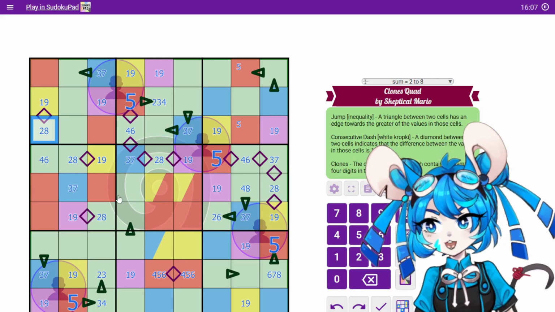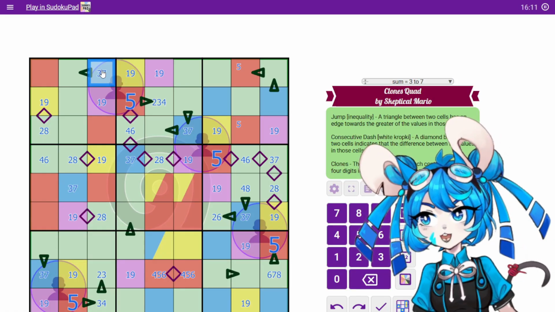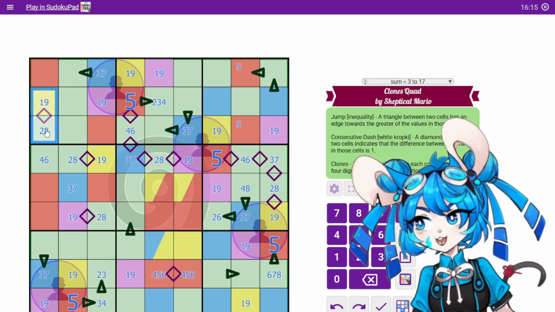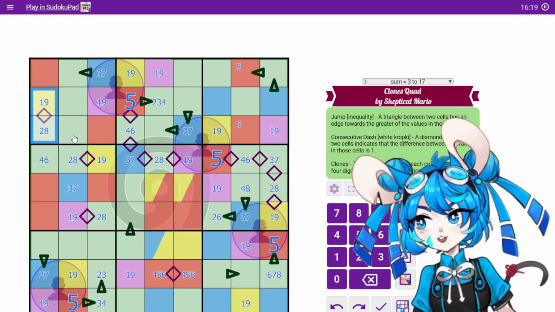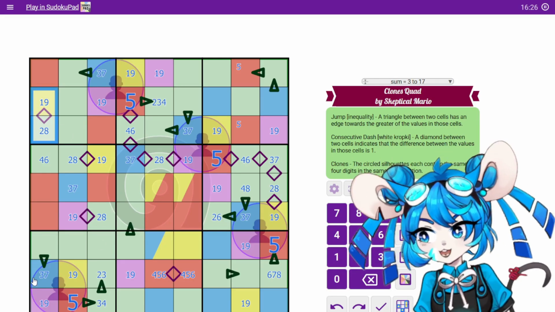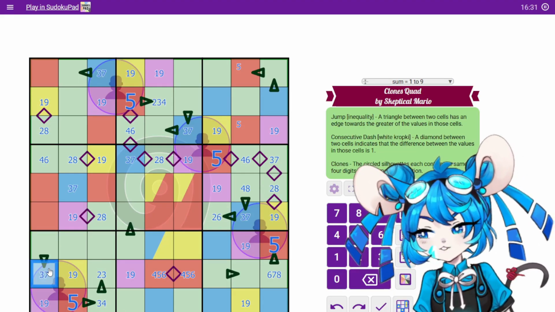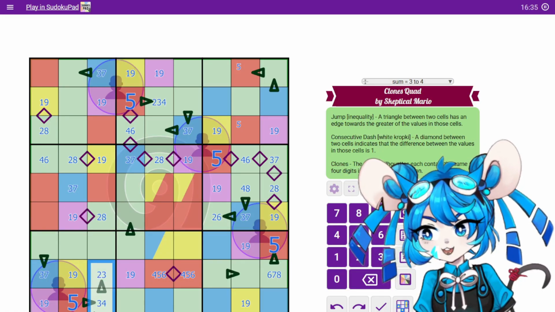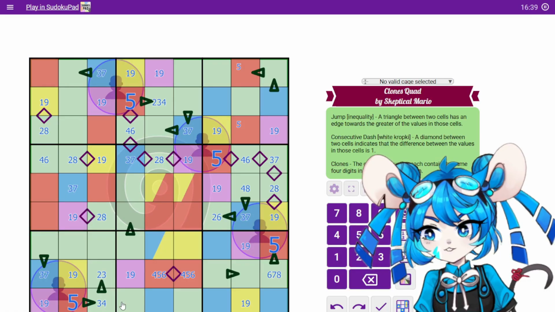Actually, no, it isn't strange. It works both ways. Because if this is a 7, this can be anything less than 7, except 1 or 2. If this is a 7, this can be greater than 7, and then it doesn't interact anyways. If this is a 3, this is greater than 3. If this is a 3, then these are 2 and 4, which is fine, I think.